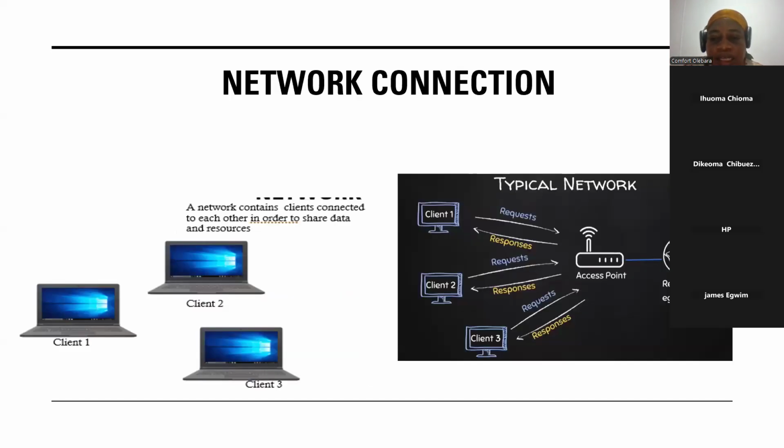So a typical network has, apart from the clients, which are your terminals, your systems, your nodes, several names you can call the client: a node, a terminal. The important thing is where information is sent out from. Like if you go to the bank, most times they tell you there's no network, we can't check your account balance.